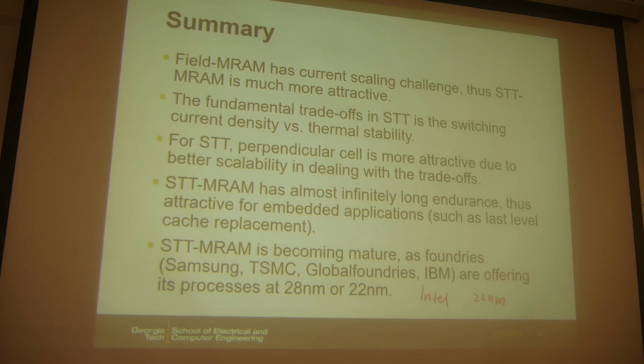This one is much more available than other technology. For example, we talked about the RRAM, and as we discussed, only TSMC and Intel have the process available at 22 nanometer or 40 nanometer. So you can say that for STT-MRAM, there are more manufacturers in this business. That's why this is regarded as one of the more promising technologies from the foundry's point of view. Okay, so that's it.